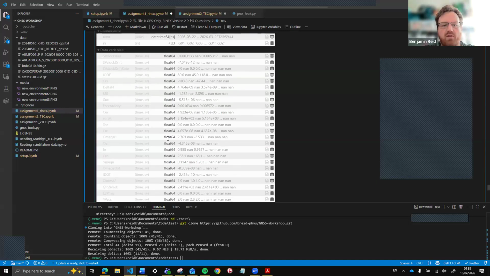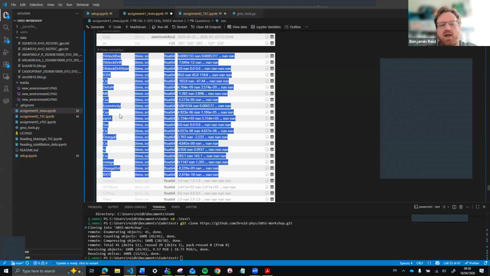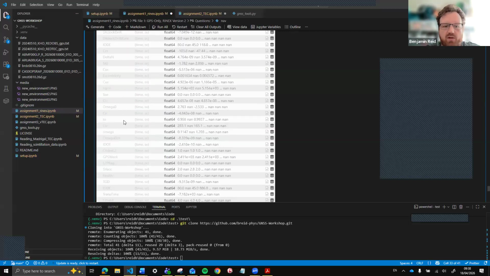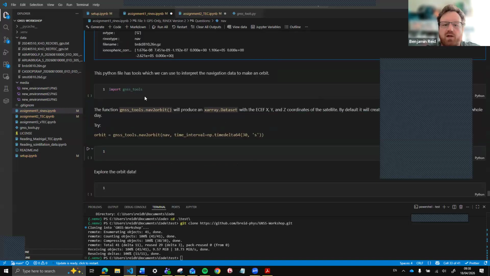All right, you can see there's a whole bunch of stuff in here that, if you are familiar with orbital mechanics, probably makes some sense: eccentricity and omega zeros and all this other stuff. But that's really hard to work with.